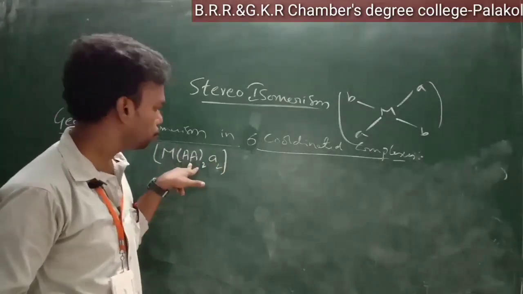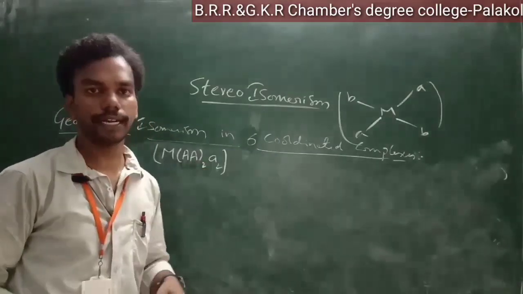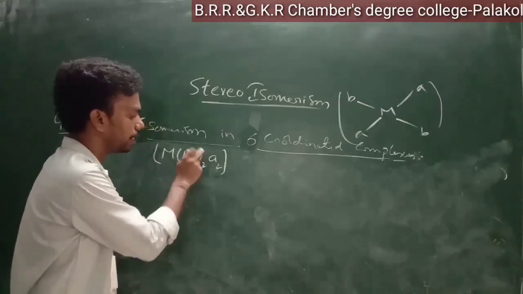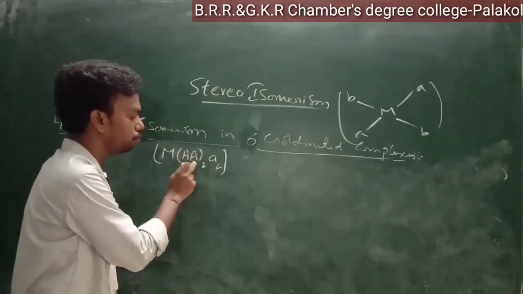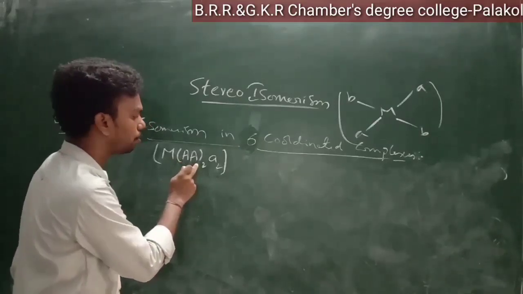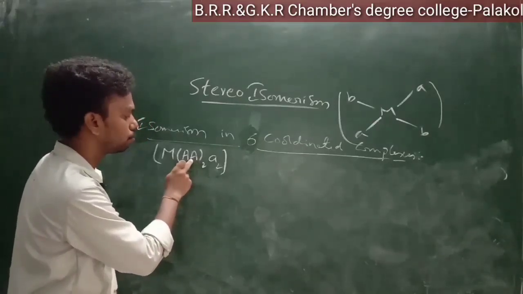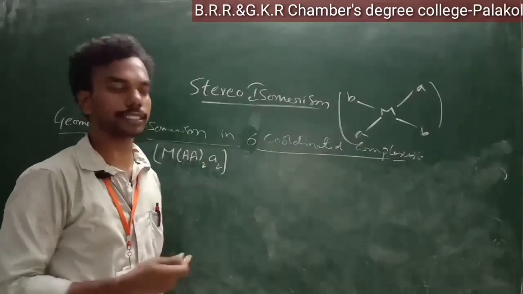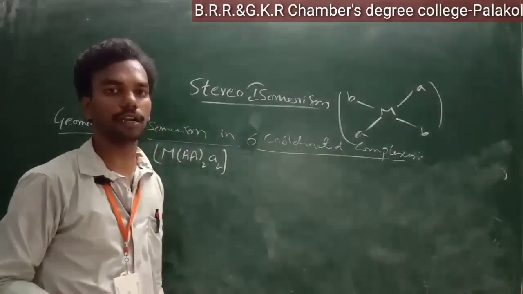That means two bidentate ligands and two monodentate ligands. Here coordination number is 6, not 4, because here it is a bidentate ligand having two same donor sites. So here two donor sites, 2 into 2, 4, and here monodentate ligands plus 2. So 4 plus 2, that is 6. Coordination number is 6. Octahedral complex.